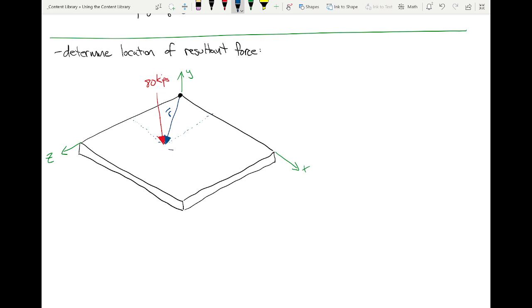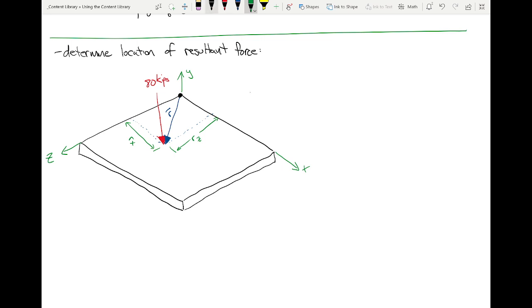I don't know what these distances are, so let's call this dimension here Rx, because it's along the x-axis. And let's call this dimension right here Rz, because it's along the z-axis, right?